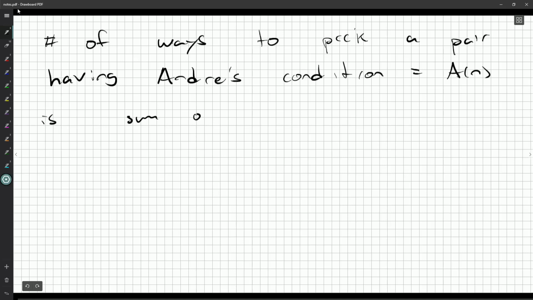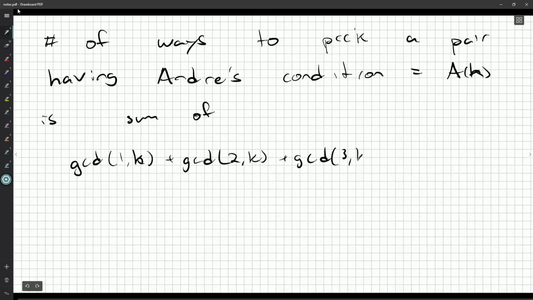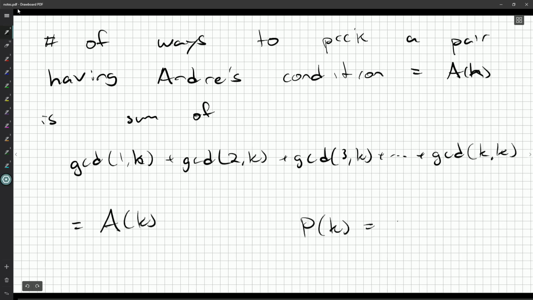It is the sum of all, let's write it this way, the GCD of 1 with n. Well, I've been using k, haven't I? It's sort of a GCD sum function, all the way up to k. So that's what's equal to this A of k. And then P of k is A of k over k squared.